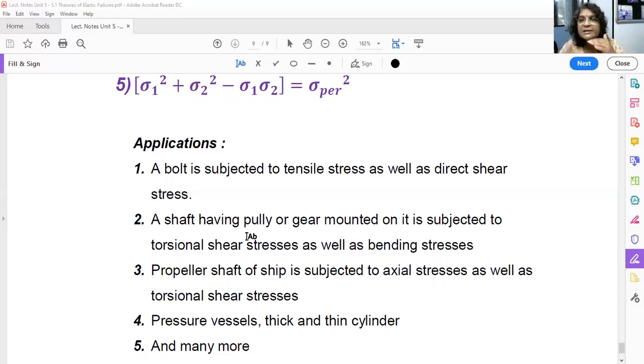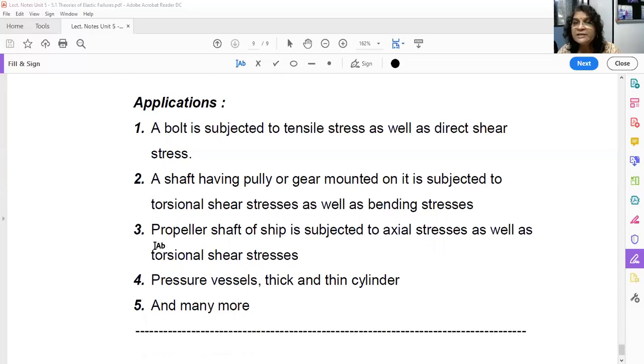So bending stresses as well as torsional shear stresses are induced in the shaft. So this becomes a complex stress system. Then the third example is the propeller shaft of a ship, which is subjected to axial stresses as well as torsional shear stresses. Then there are many examples of pressure vessels, thick and thin cylinders, wherein combined stresses are induced, and many more examples are there.